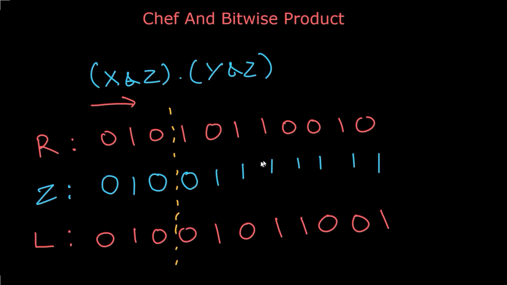But after this bit, Z is having all ones, and no matter what bit sequence L has after this 0, Z will be obviously greater than or equal to L. So now we have found one possible value of Z which can maximize this function. So in a vector, we will push this Z value. Now we've seen what happens when this bit value is 0.